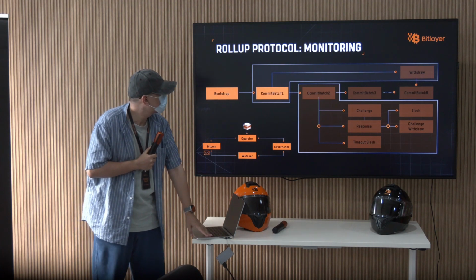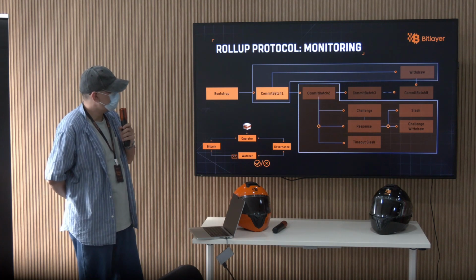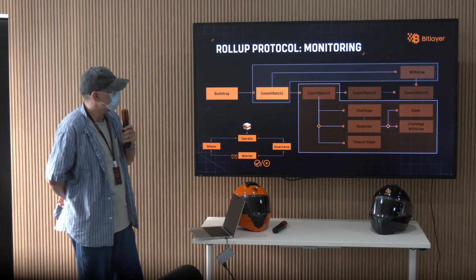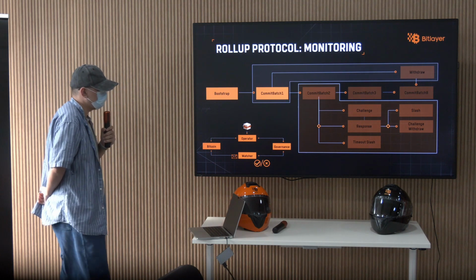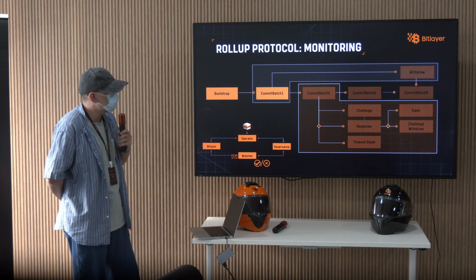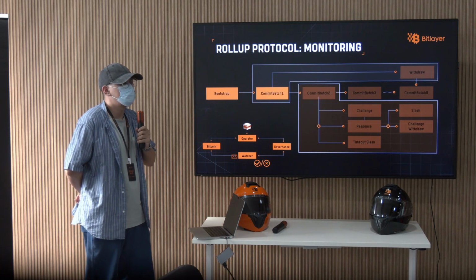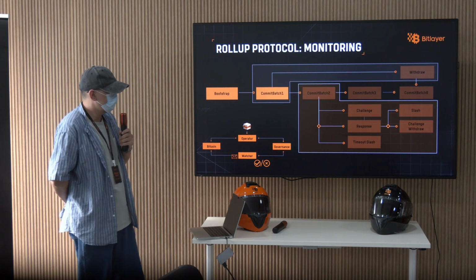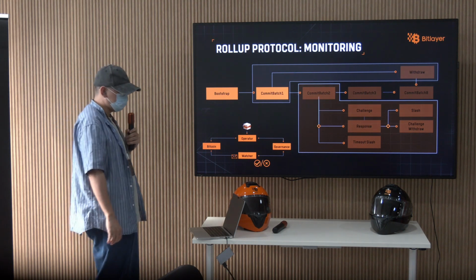Also, when the commit batch is live, the watcher will subscribe to Bitcoin so that he can recover the proof and many other information from the commit batch transaction, and then he will run the verifier script locally to check whether the operator is working correctly.